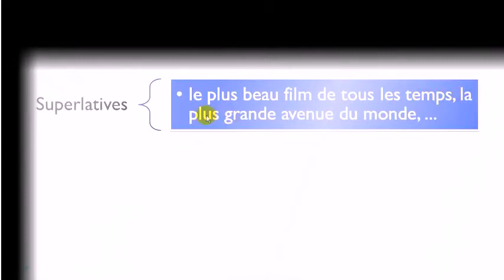And then la plus grande, big, avenue du monde. In that case, you can see that you combine this de and the article le monde, the world. De le becomes du. So du monde, of the world. La plus grande avenue du monde. For all these superlative constructions, remember you will have to use this preposition de. De tous les temps, du monde.